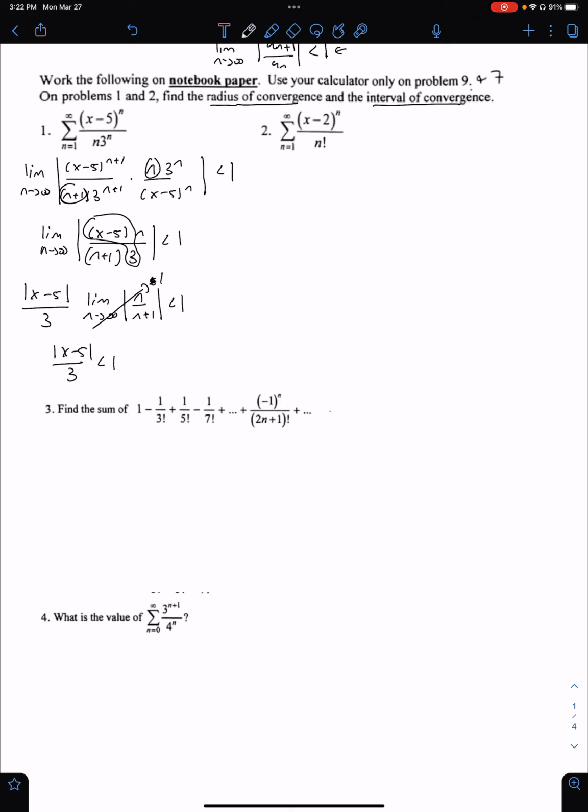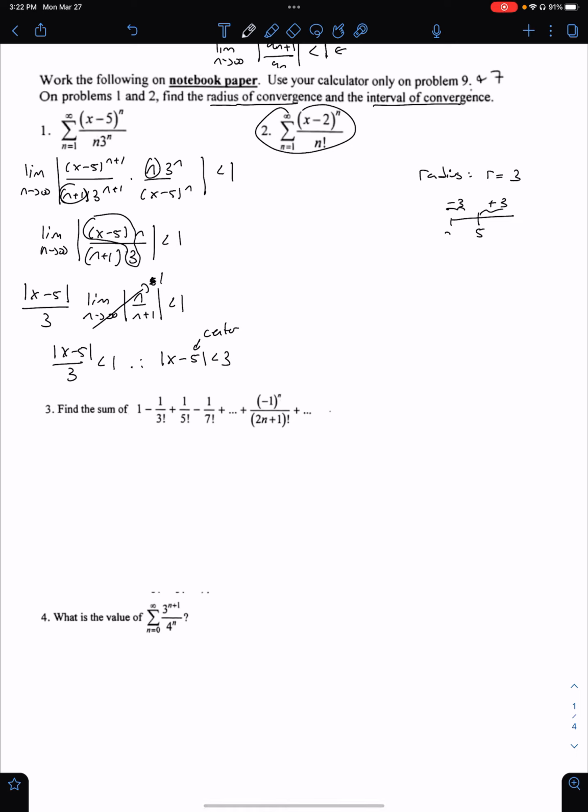Now we're ready to start solving. If we want to find the radius, if I multiply by 3, we get the absolute value of x minus 5 is less than 3. That 3 is our radius. What that tells us is that from our center at 5, we can go right 3 or we can go left 3.